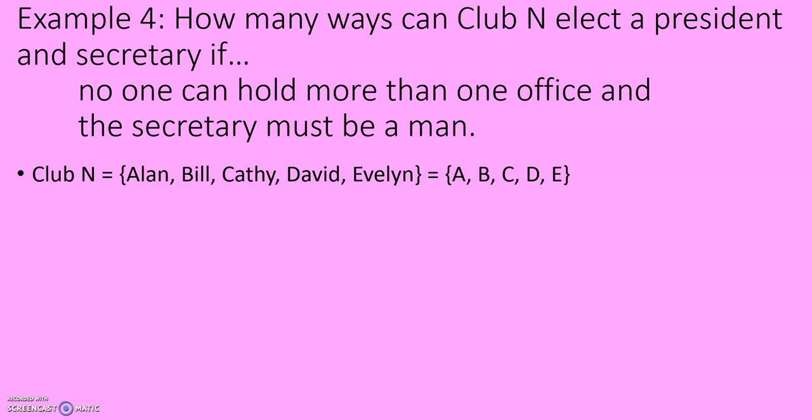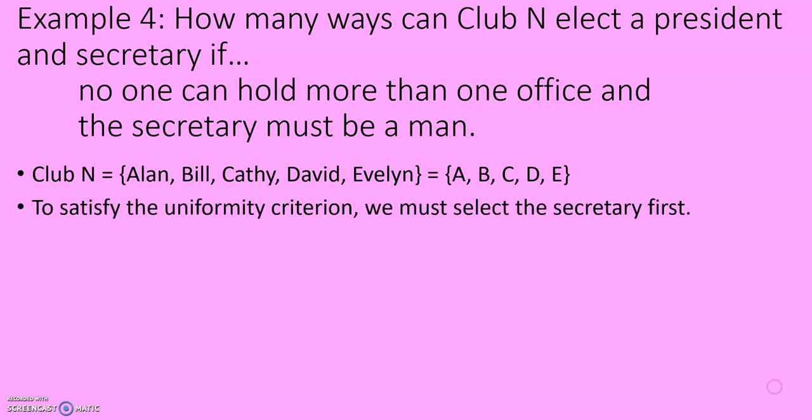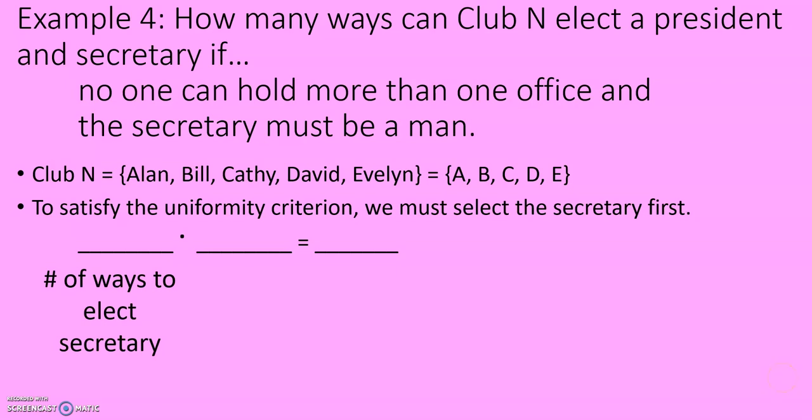We use the letters A, B, C, D, and E. To satisfy the uniformity criterion, we must select the secretary first. Alan, Bill, and David are the men. So we can choose 3 people to be the secretary.